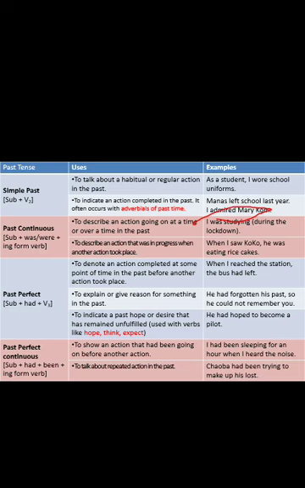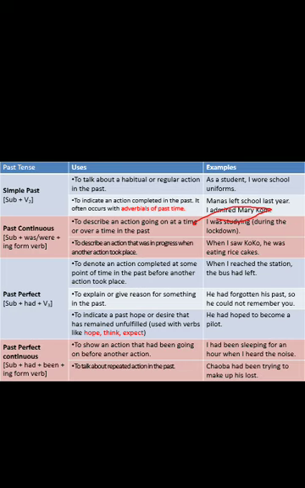But right now, I am engaged in some other profession. So, admiring Mary Kom is no more my action. So, in such a type of situation, we use simple past.